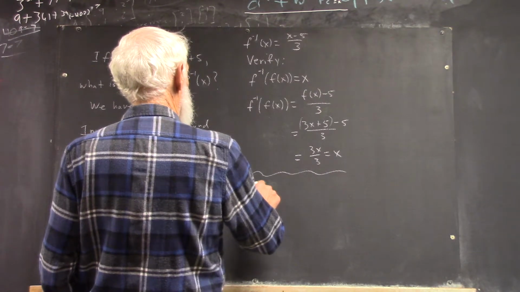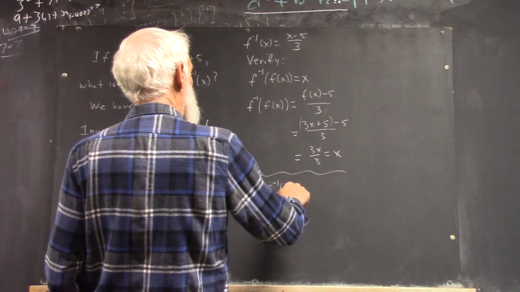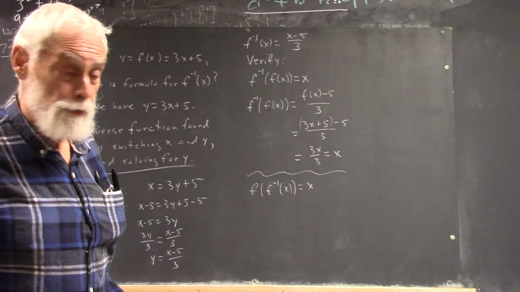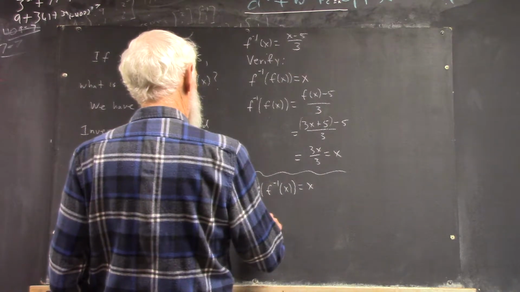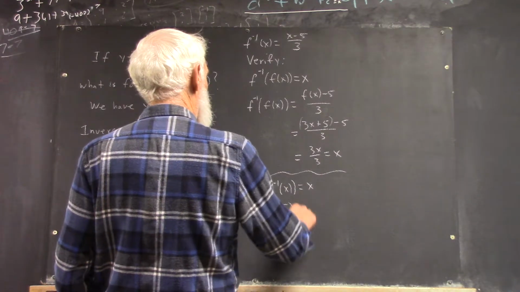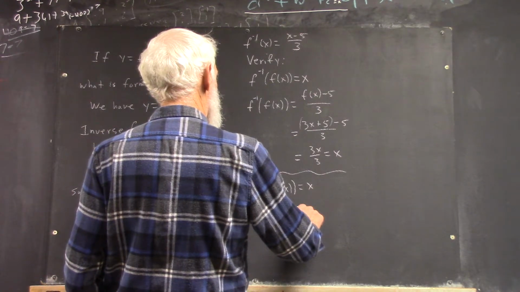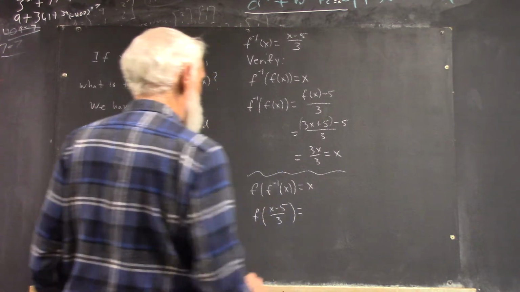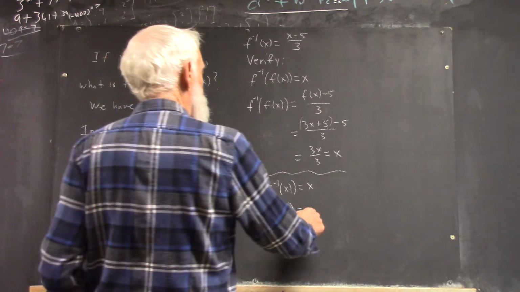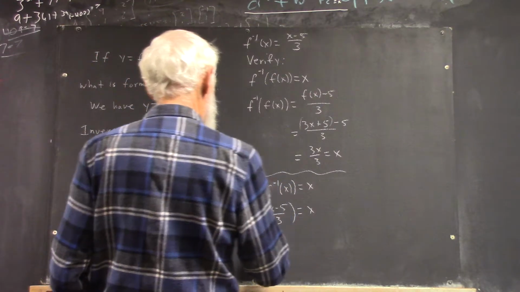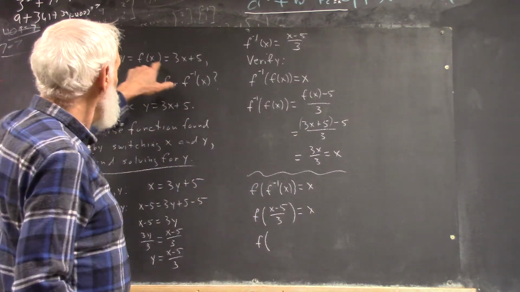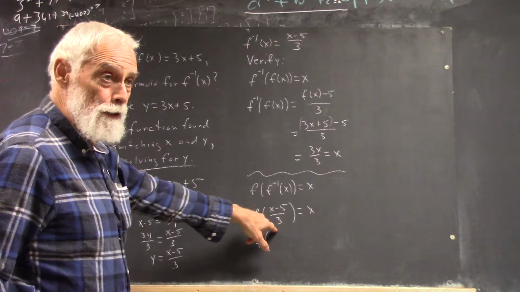Also, f of f inverse of x has to equal x. Well, that means that f of x minus 5 over 3. Okay, f of f inverse of x is f of x minus 5 over 3. That should equal x. And f of x is 3x plus 5. So x has been replaced by x minus 5 over 3.